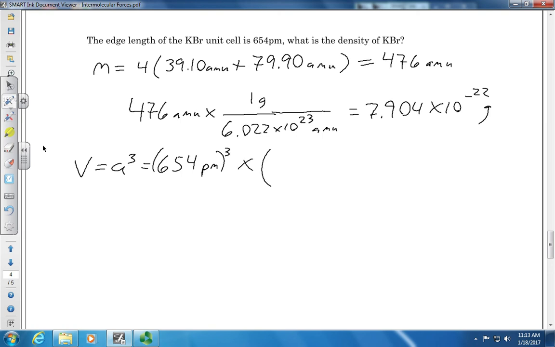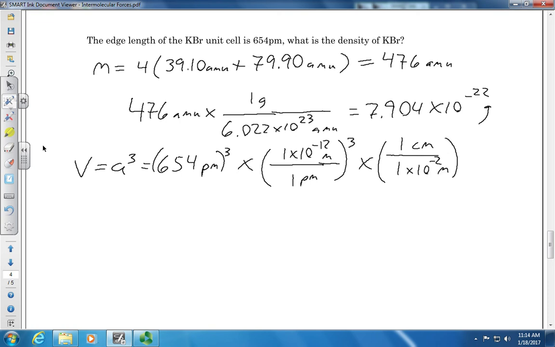So 1 times 10 to the minus 12 meters in 1 picometer, and that whole thing is going to be cubed. And then 1 centimeter per 1 times 10 to the minus 2 meters, and that's going to be cubed.